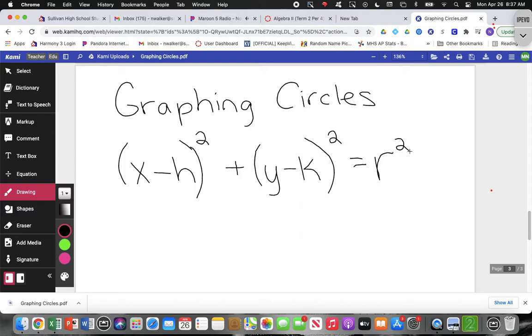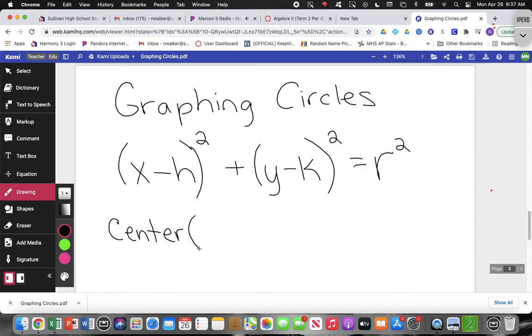So we will be able to find the radius directly from the equation, and then those numbers that are being subtracted from x and y are the middle, that center point. Those are the two pieces of information that you can get from the circle. So the center of the circle are the numbers being subtracted from x and y.